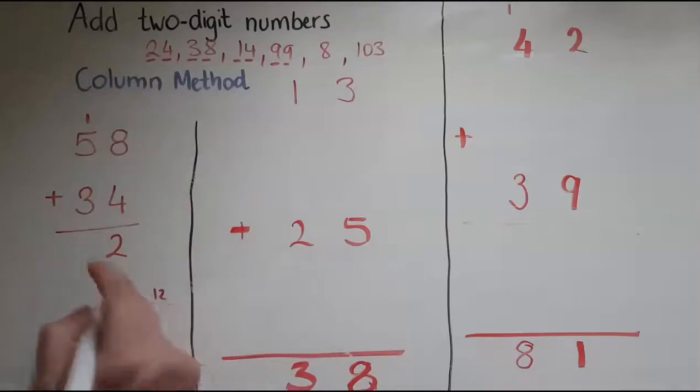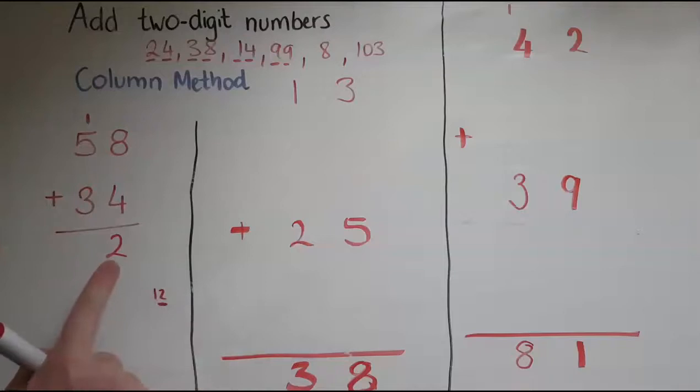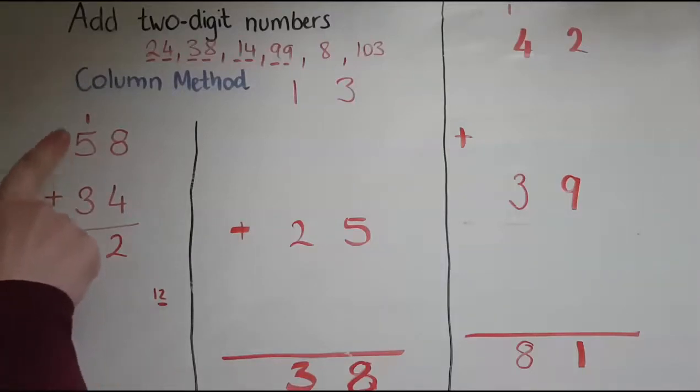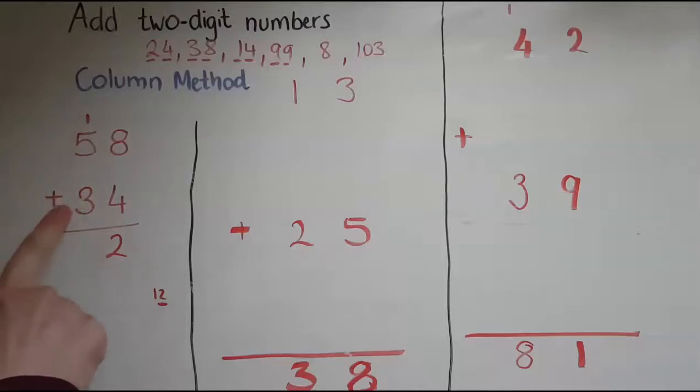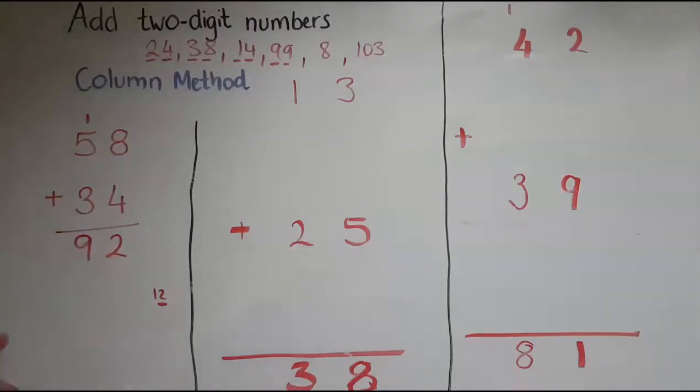So in this 12, when I added 4 and 8, 12, I'm keeping the units here where the units should be, and this one, which represents the tens, goes to the top. So I've got 5 and the 1, 6, and the 3 makes 9. So 58 and 34 makes 92.